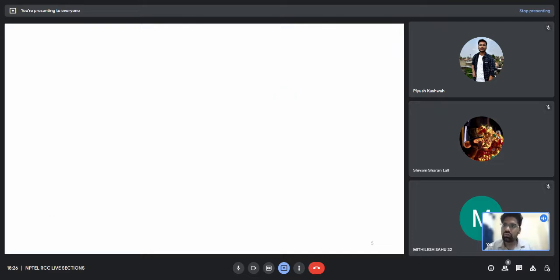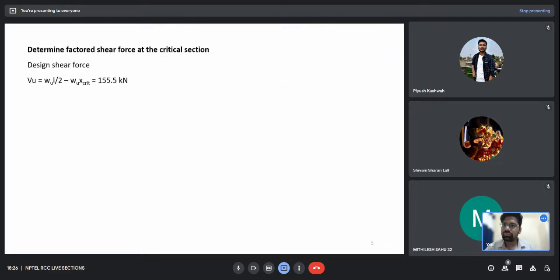I have done that for you. WL by 2 at this section minus this load. This load is Wu into X critical, where X critical is Bs by 2 plus D.